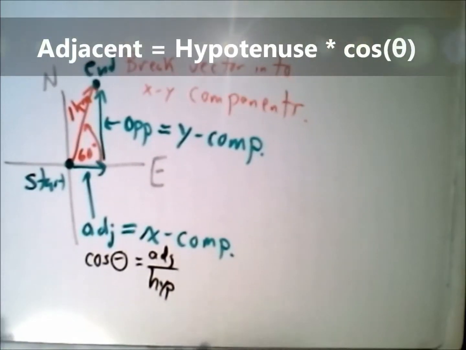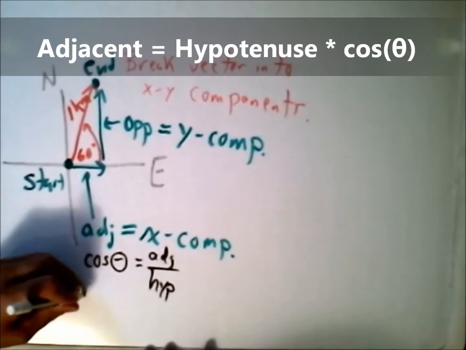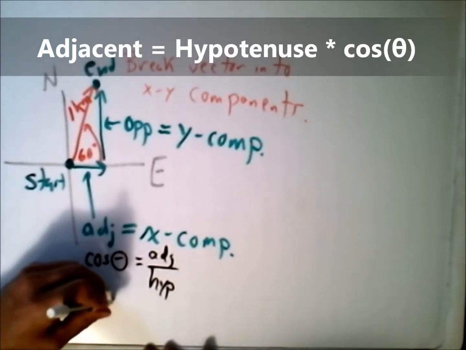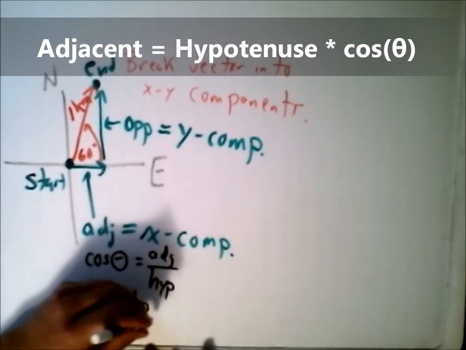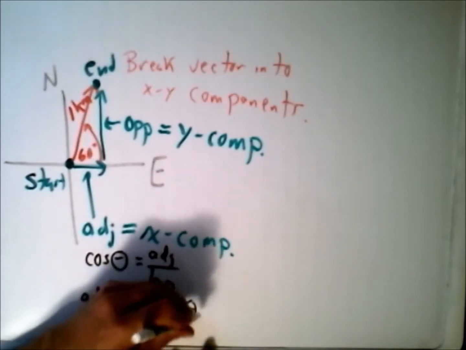If I plug that in and solve it, the adjacent side is equal to the hypotenuse times the cosine of the angle.